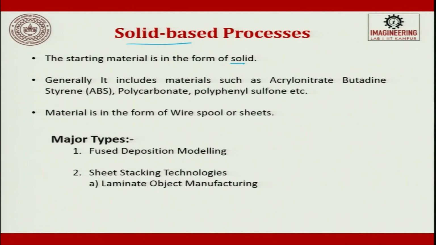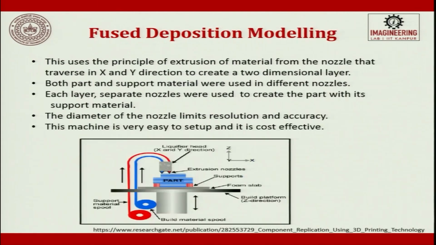You can also have this in wire form; metal wires are also available. So, here the starting form is a wire spool or a sheet, that will be the solid base processing. Metal deposition methods and sheet stacking technology are the two most common technologies in the solid based process.